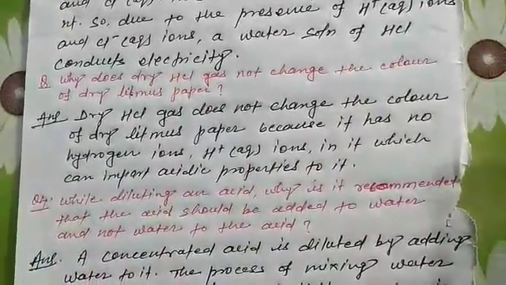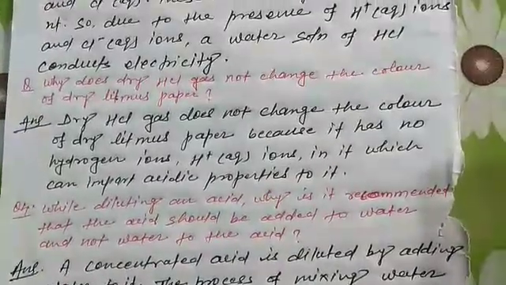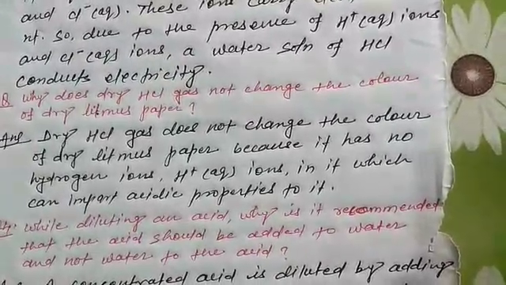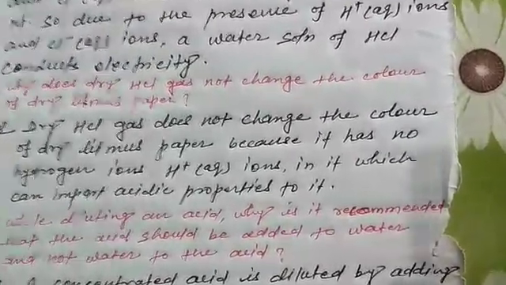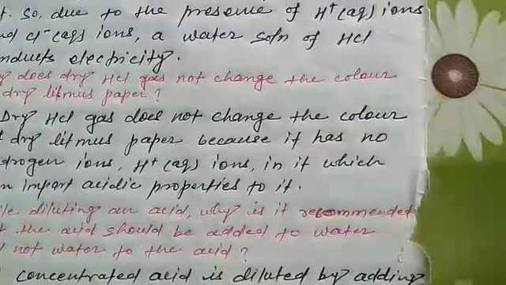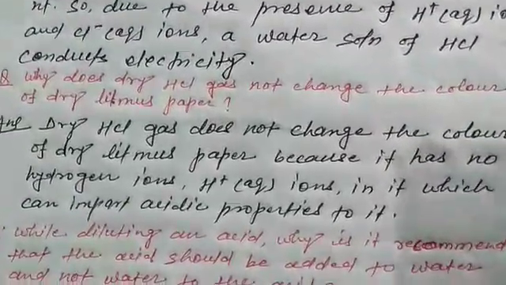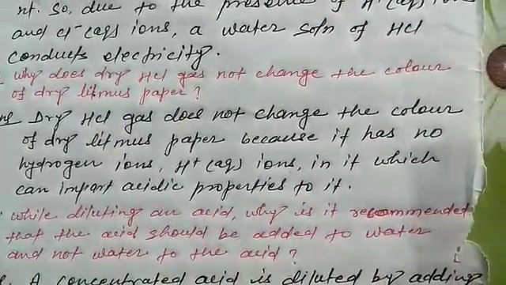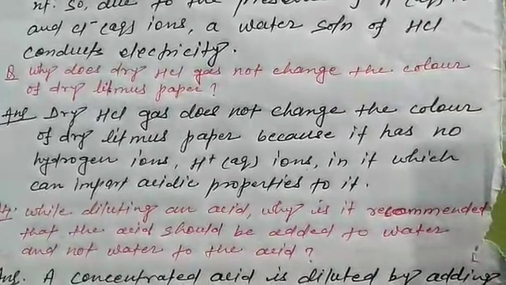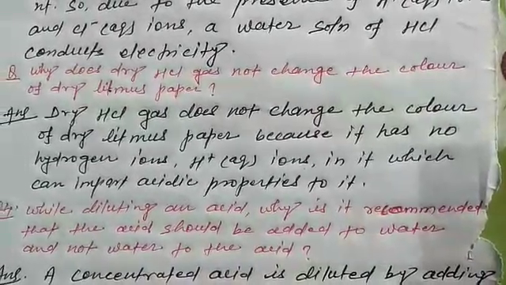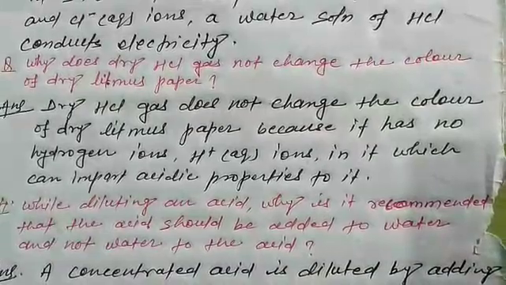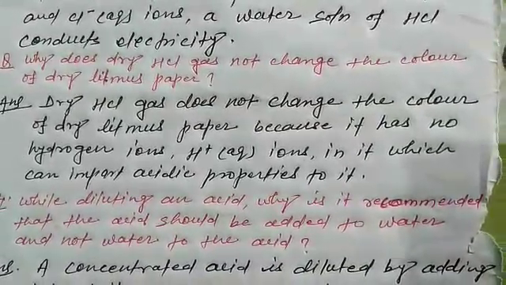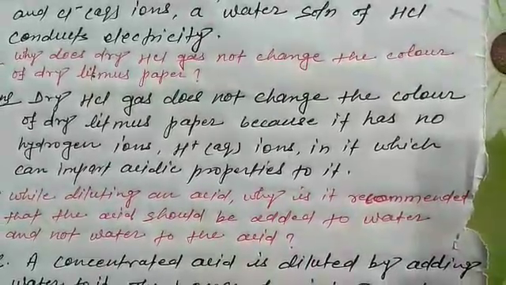Now, why does dry HCl gas not change the color of dry litmus paper? Dry HCl gas does not change the color of dry litmus paper because it has no hydrogen ions, means H plus aqueous ions in it, which can impart acidic properties to it.